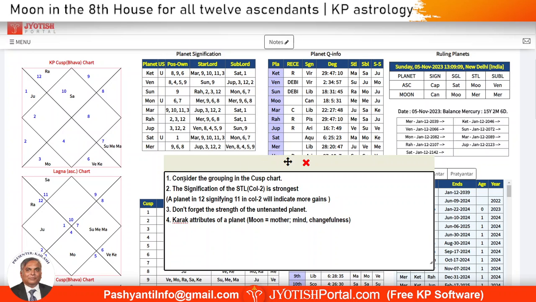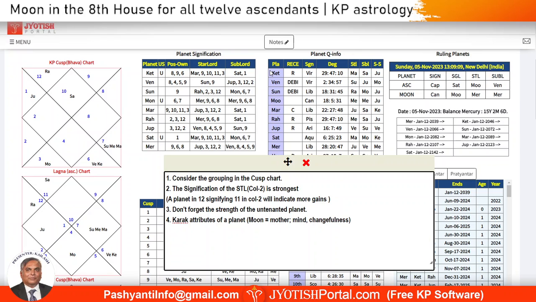The grouping that we are going to discuss after we finish all these points is always considered in the cusp chart. So when you're looking at the moon's position in the 8th house, which basically means the 8th cusp, it has to be interpreted in the cusp chart and not in the lagna chart.